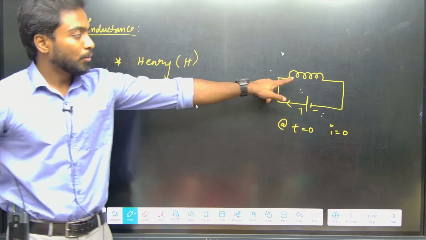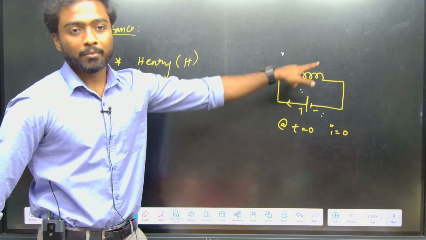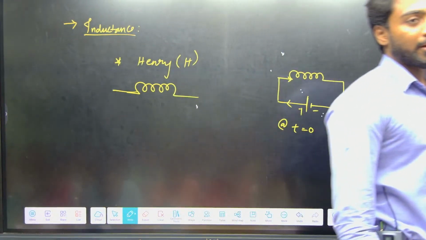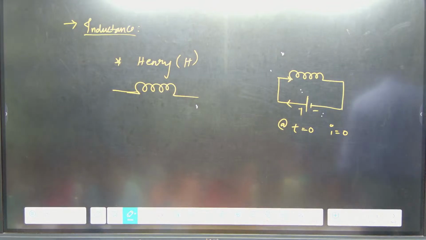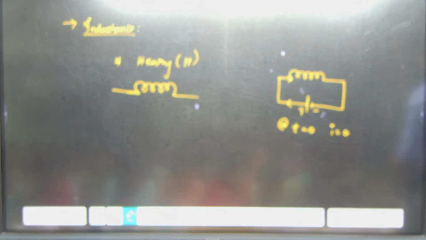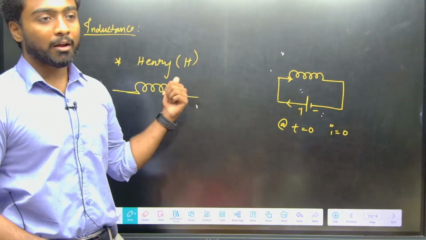Because it is a ring, obviously the magnetic flux will be created. If I is there, magnetic flux also will be created. Because the current is suddenly increasing, a magnetic field will be created and due to that, flux also will be created. If it is created, obviously induced current also will be created.